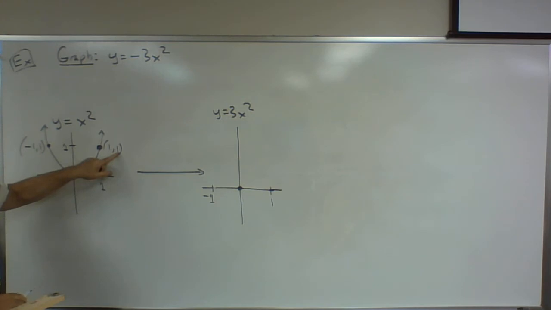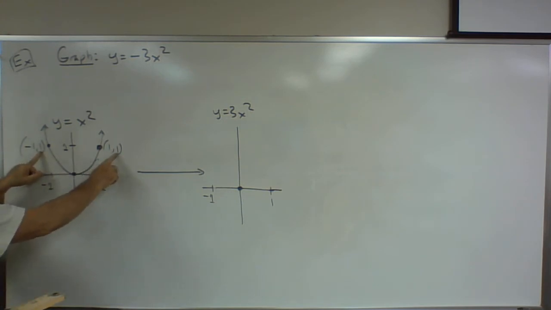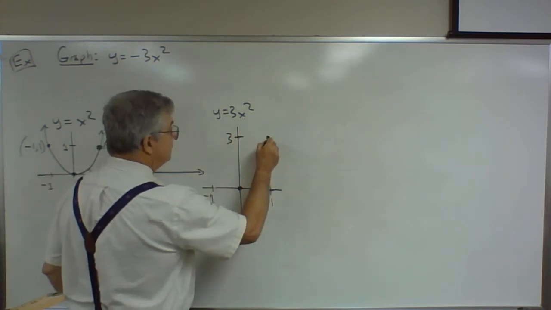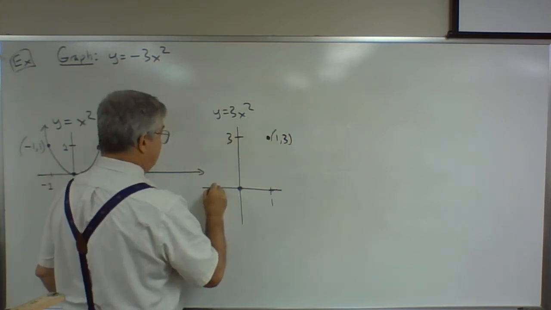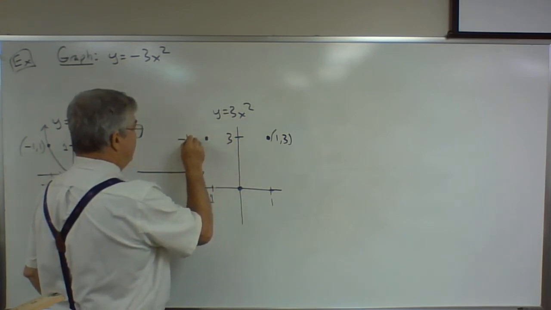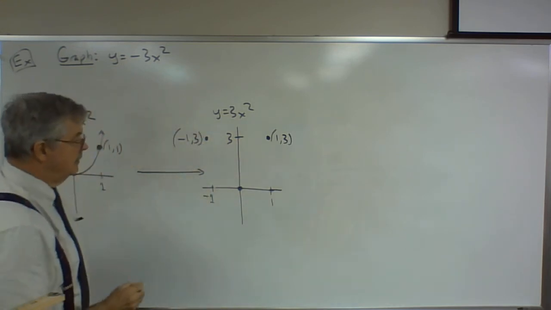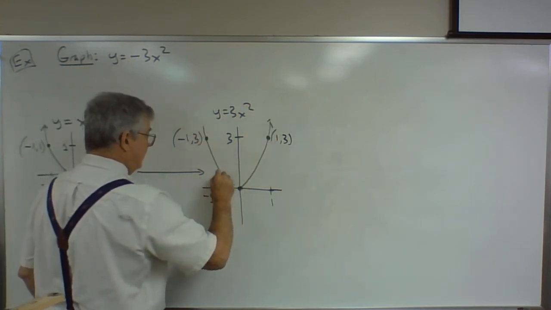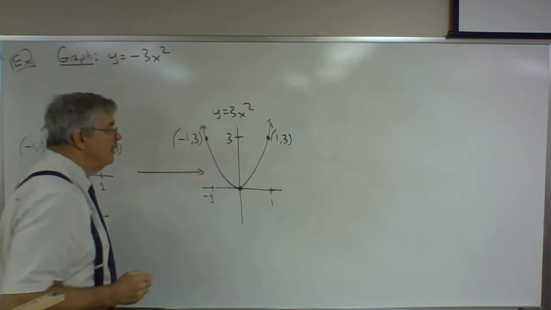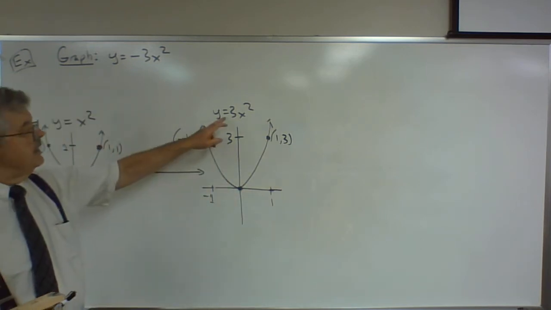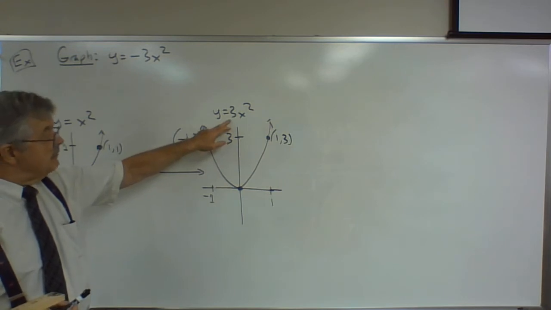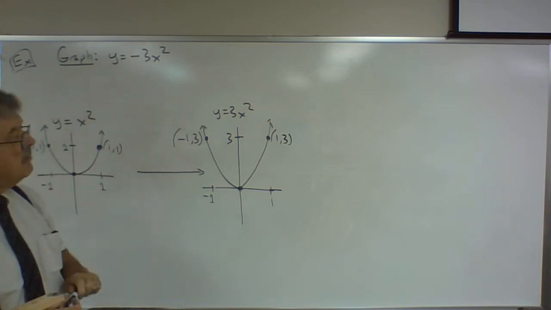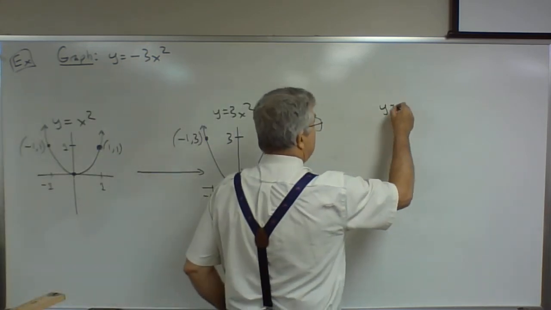So that instead of the y coordinates being 1 here and here, the y coordinates are going to be 3. Okay, now I've got y equals 3x squared. The next thing I'm going to do is take y equals 3x squared and multiply it by negative 1.